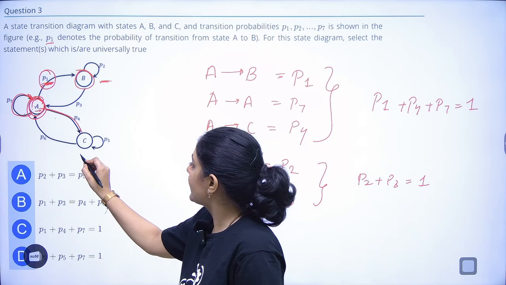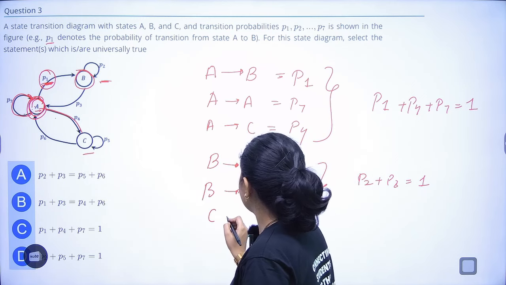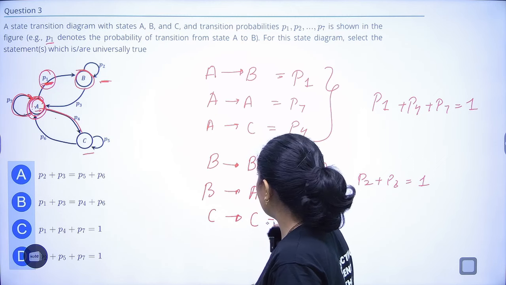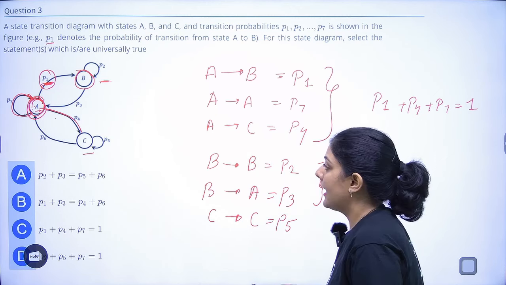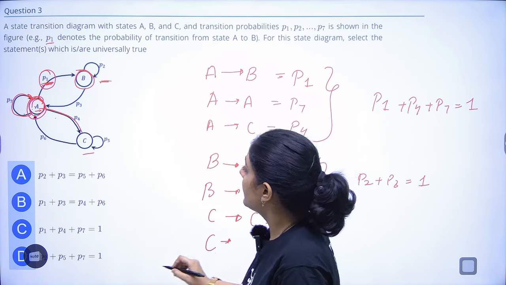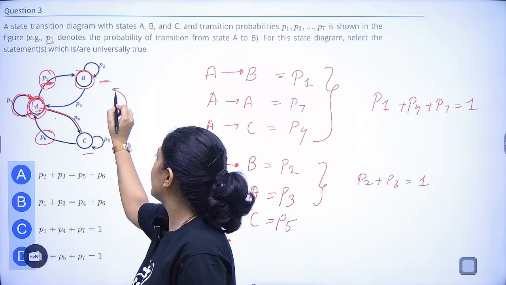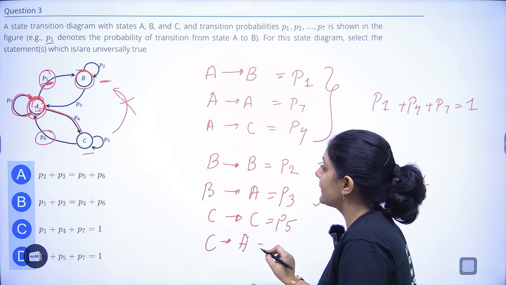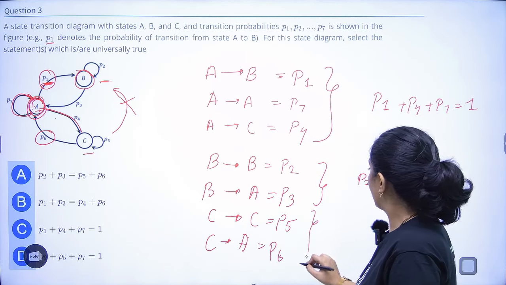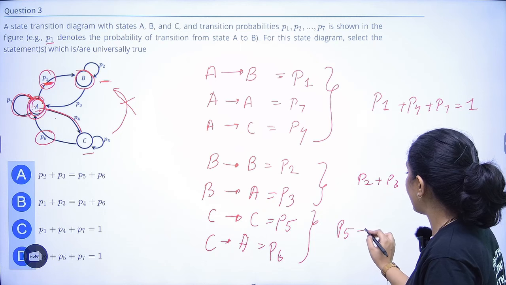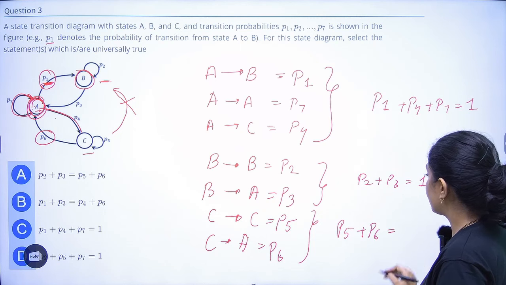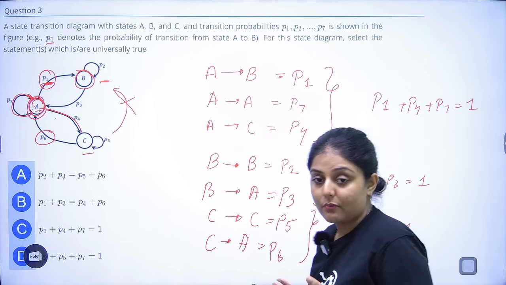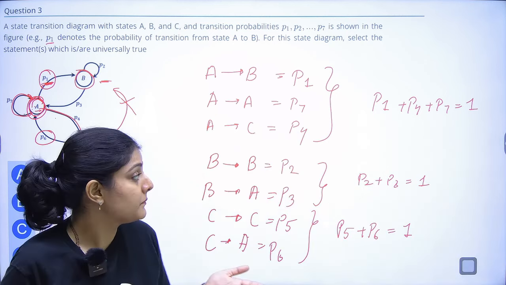Now let's talk about state C. From C to C, the probability is P5. C is moving to A only, not back to B. To A, it is P6. So P5 plus P6 is also equal to 1. So these 3 conclusions we can calculate from our given state diagram.